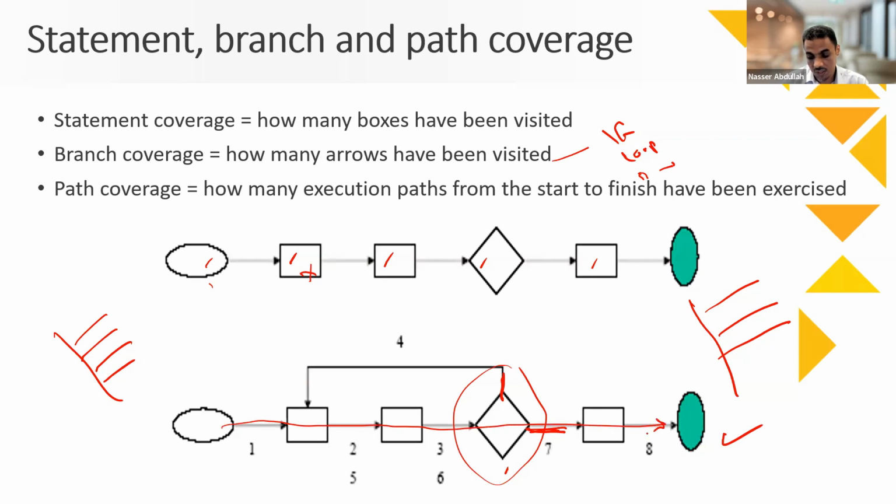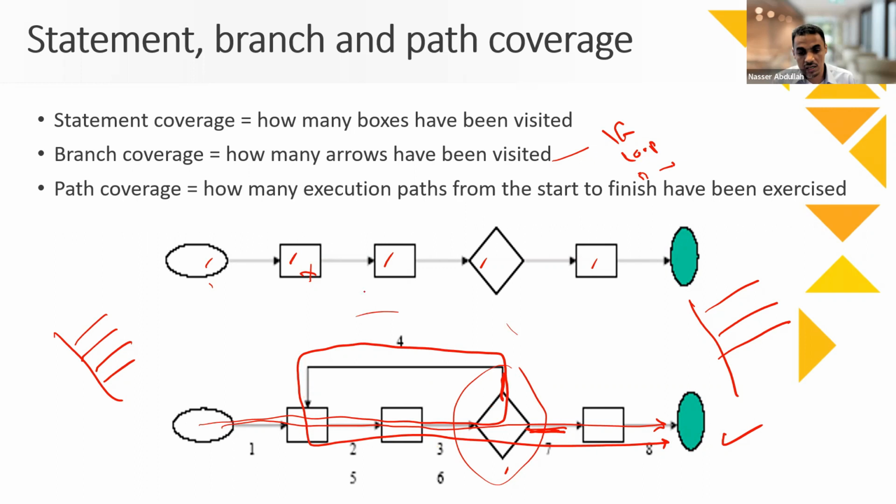The second path can come from here, then back to this box, and then to the end. So here we have two paths. With a loop it is different, but let's say this is two paths. We can consider each loop as only one path, even though it can go an unlimited number of times.